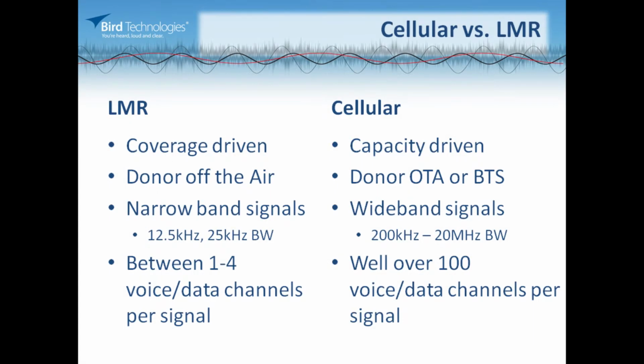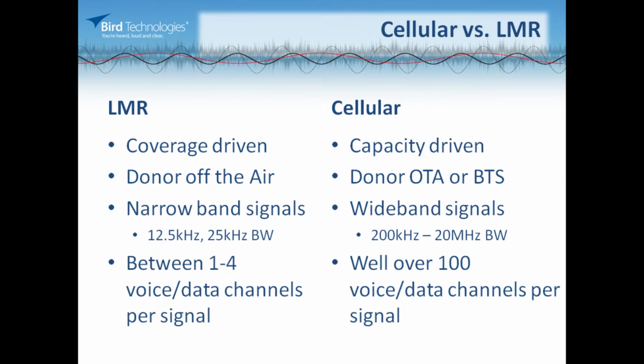I'm going to take a couple slides and talk over some of the differences between LMR and cellular DAS systems. A couple of the big differences up front is that LMR is coverage driven. It's not saying that coverage isn't important within cellular, but coverage is absolutely a requirement within LMR. Cellular now has switched over to be more capacity driven.